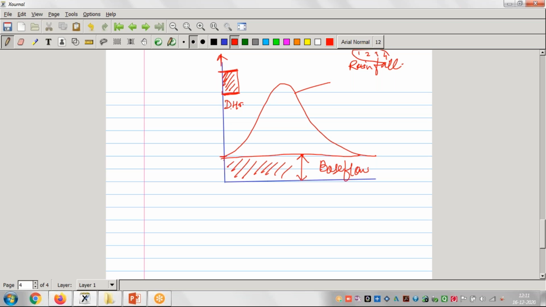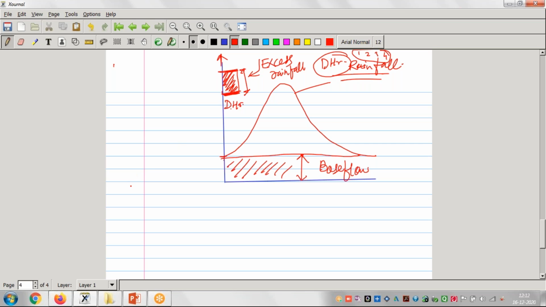So instead of saying 1 to 3 hour, generally it is said the D hour rainfall. That's why D hour is written on the horizontal portion, and this vertical portion represents the excess rainfall. And I just told you what excess rainfall is: excess rainfall is the rainfall because of which the runoff occurs. So this portion is given, and this is called the excess rainfall.